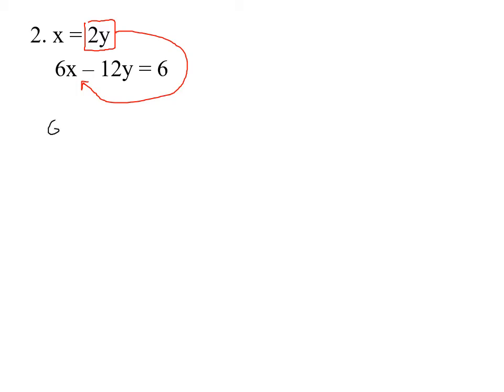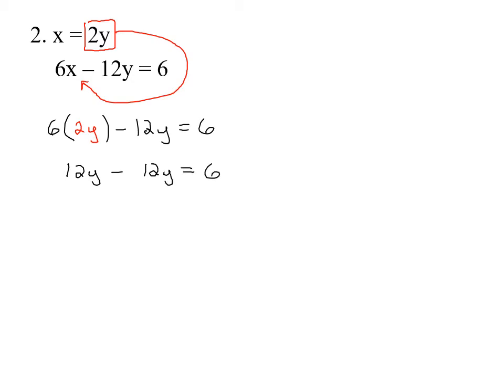And I'm going to say this is x times 2y minus 12y equals 6. 6 times 2y gives me 12y. So I'll have 12y minus 12y equals 6.